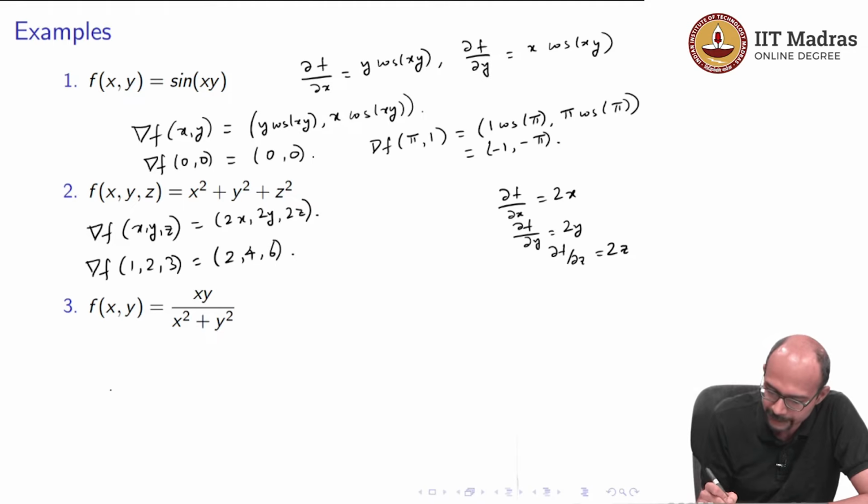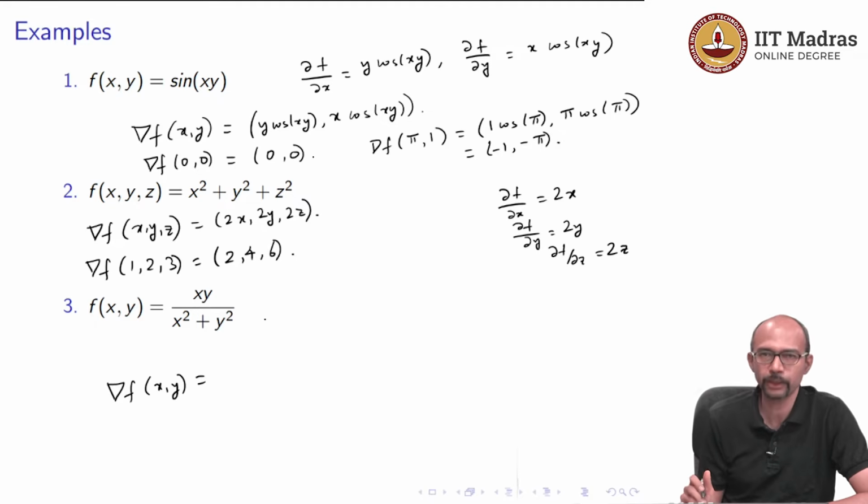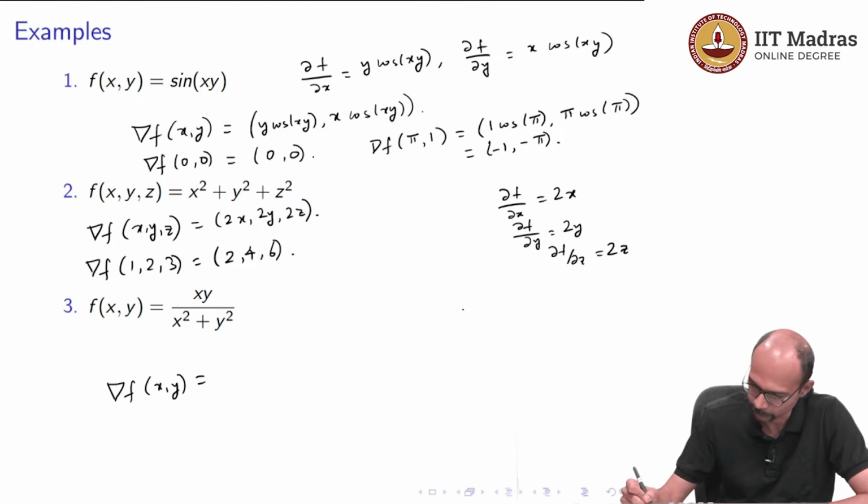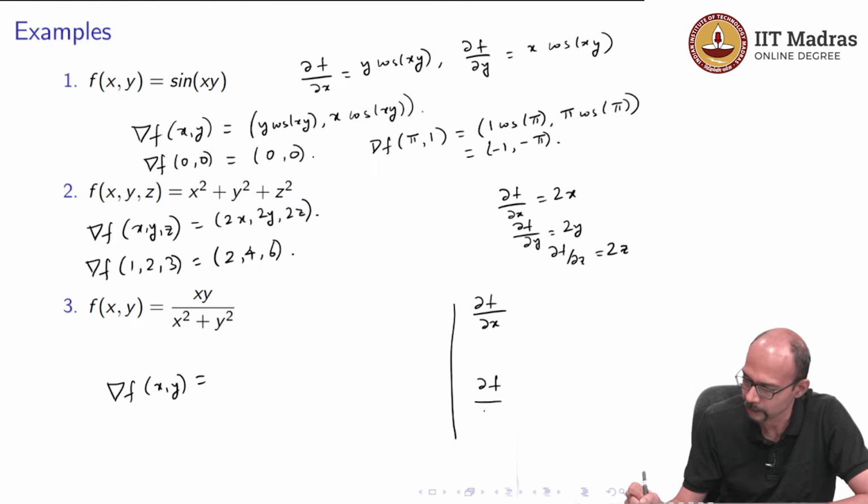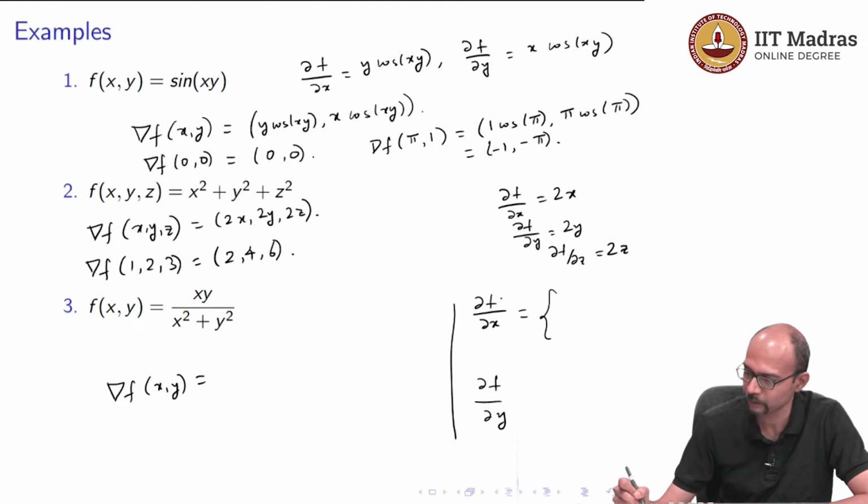So, now the gradient function will depend on the partial derivatives, which we have actually computed for this function. This was from a previous video, I think the one where we computed partial derivatives. Let us write down what those are. This depended on whether we are evaluating it at 0, 0 or not.